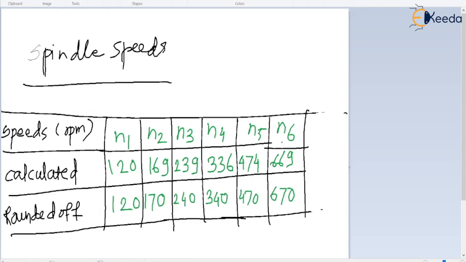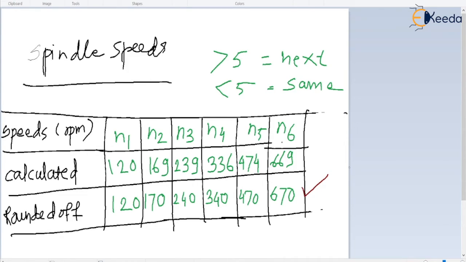Now these are the new rounded off RPM that we are going to use for the next section, that is for finding the number of teeth and the deviation chart. How have we done this? Simply, if it is greater than 5, then we have gone to the next number, and if it is lesser than 5, then we have kept the same number.